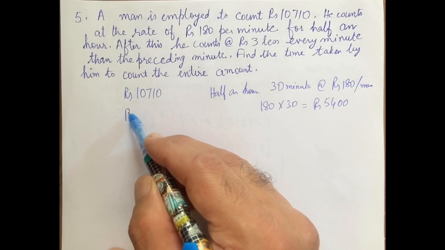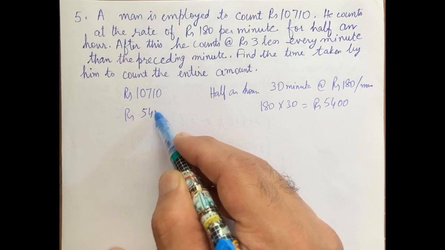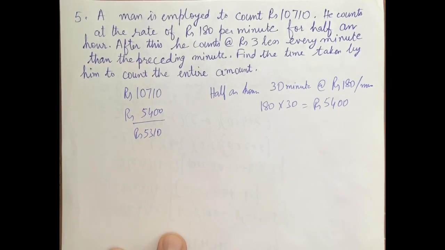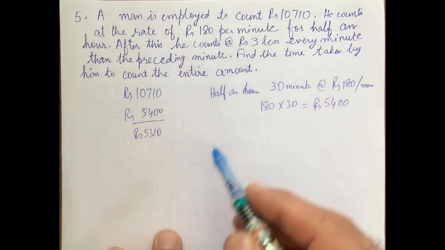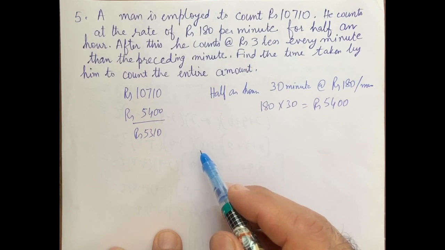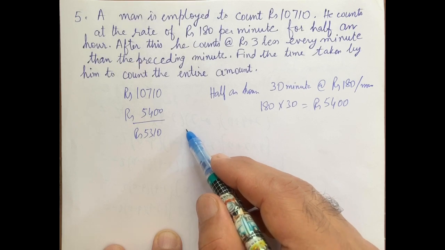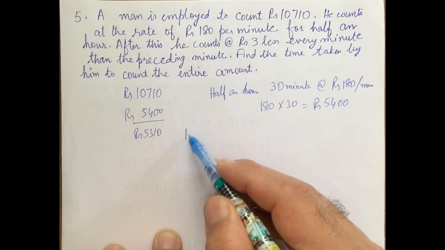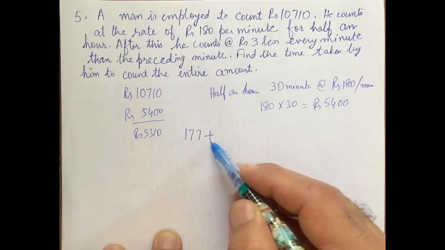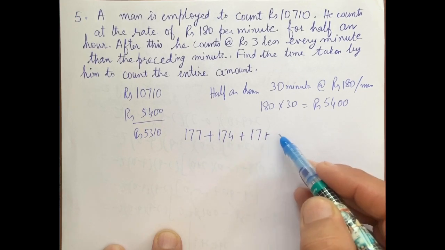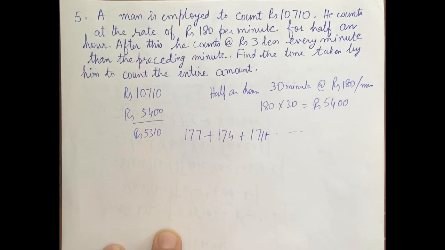So what is left? 5,310. This is left after half an hour. After this he counts at a rate of rupees 3 less every minute than the preceding minute. That means in the 31st minute he is counting 177 rupees, then 3 less, 174, 171, and so on.